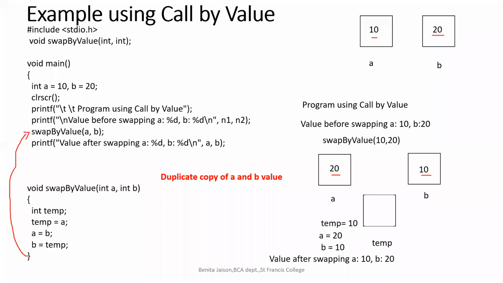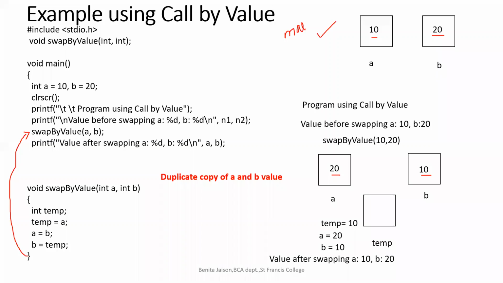Now I'm using another printf, value after swapping of A and B. What will be the A value and what will be the B value? As I told before, when we use A and B in the function call, it is a duplicate copy and we are not using the same address location which was used by the main function.